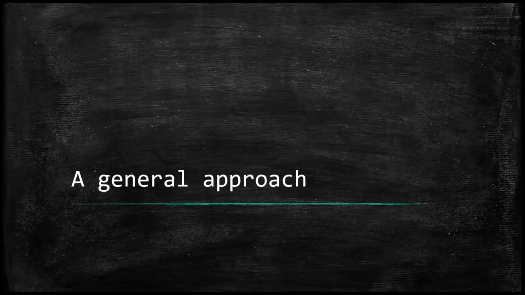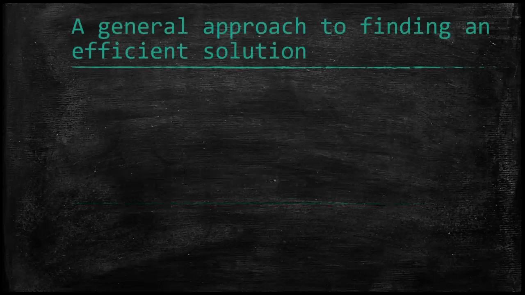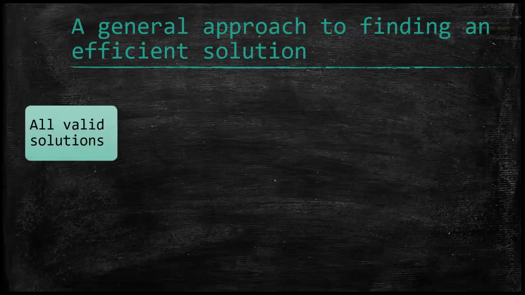In the example we just did, we followed a general method that you can use on any dynamic programming problem. The general approach has 4 parts. In the first step, we identify the subproblems and examine all possible solutions to the given problem.